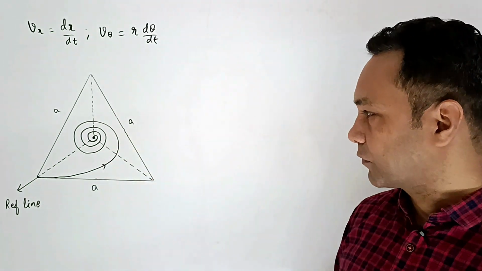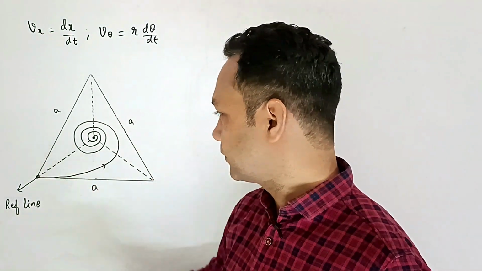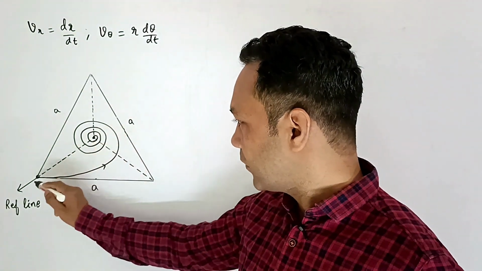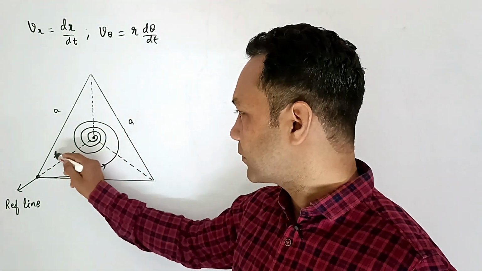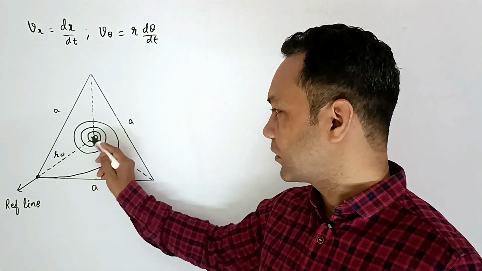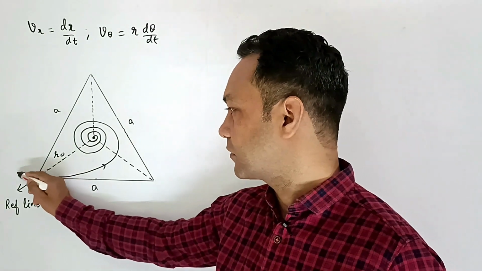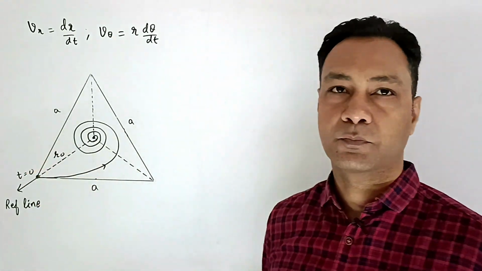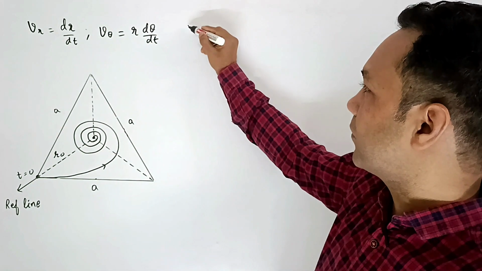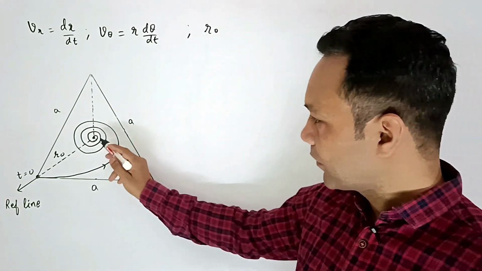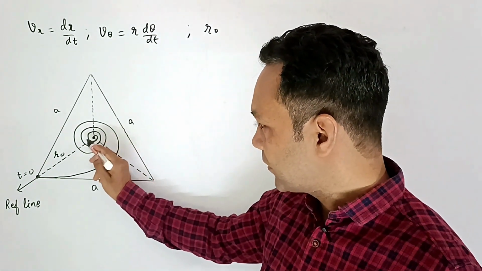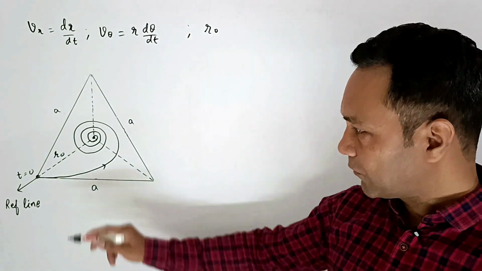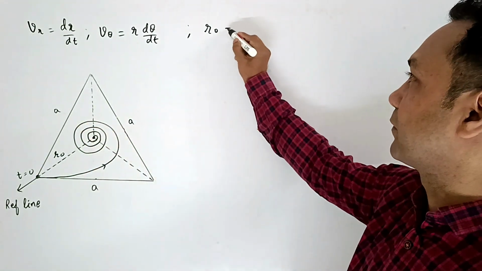Suppose initially it started from here, and this is r naught. Initially the particle is here, at t equal to 0. This r naught, from where it started, is the distance from the center to either vertex, and that would be a by root 3.